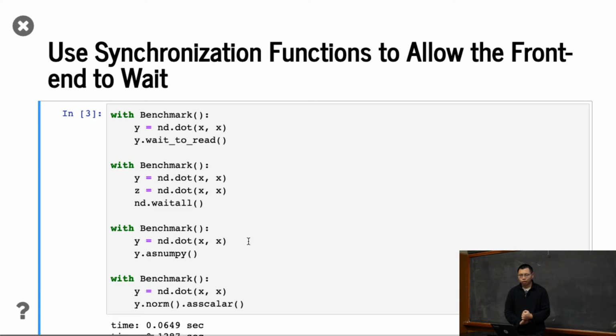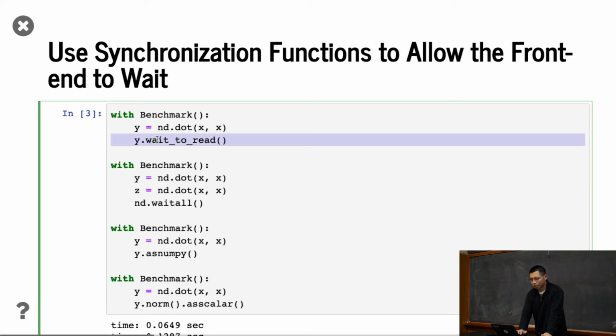There are multiple ways to break the asynchronous execution and wait for the result to be ready. Before we print, because you always need the result to be ready to print, we have multiple options. One is to call y's result, which waits until y is ready. The time shown here is 0.06 seconds.